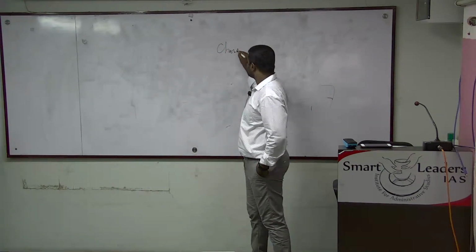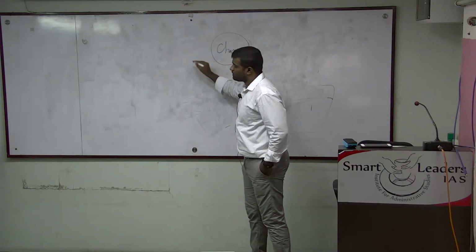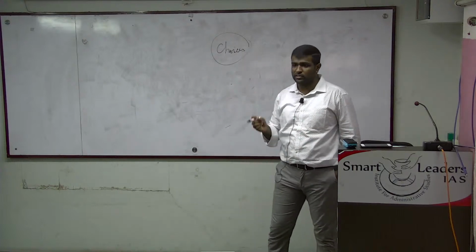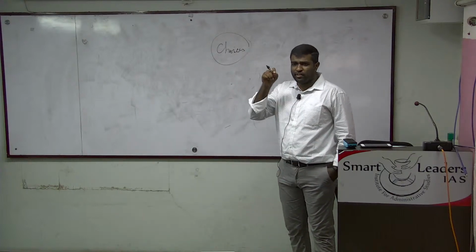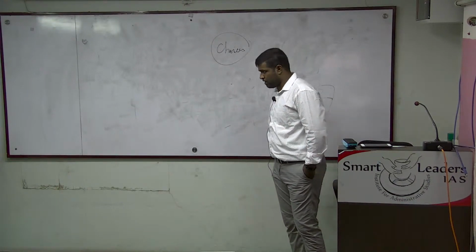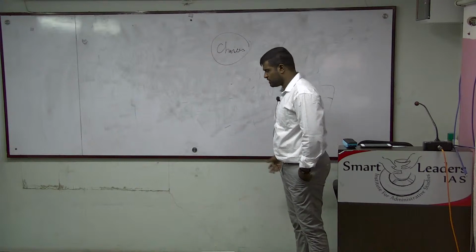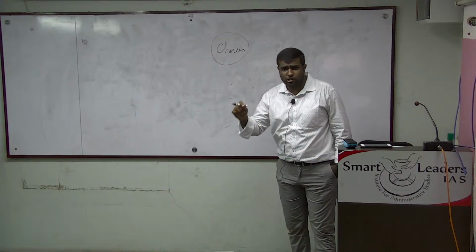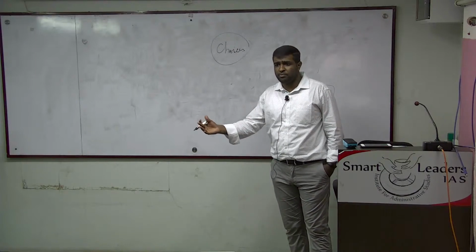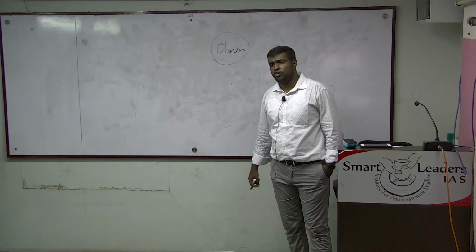Making choices is what economics is about. My dear friends, you are also in a situation where you have made a choice. You made a choice that you are going to attend this session. You made a choice that I'm going to write this examination, however hard it might be, however competitive it might be. You've made this decision. You made this choice.